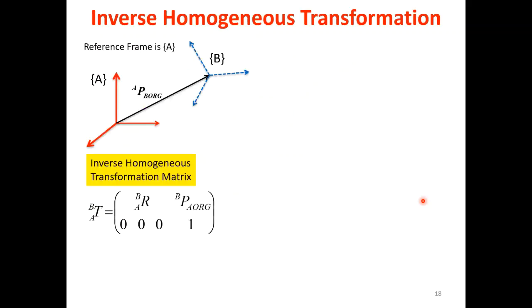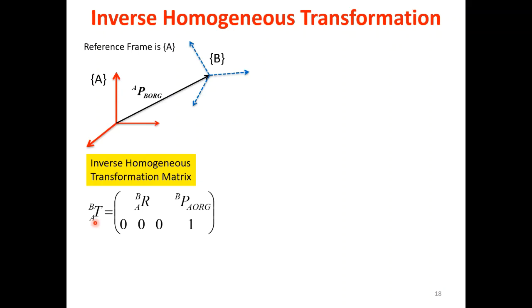So let me walk you through this illustration, because it's a bit difficult otherwise. Now here we have the reference frame A and the relative frame B. Very easy to understand. APBORG is the vector. All right. So the inverse homogeneous transform matrix that you need to develop is BAT.